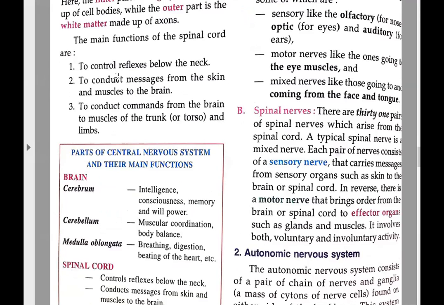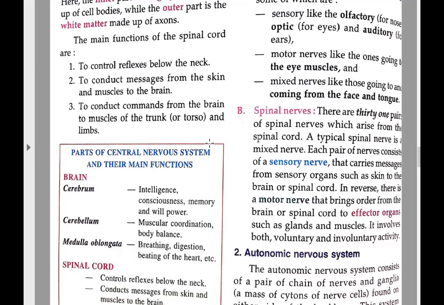Then it also conducts messages from skin and muscles to the brain. Mostly it goes till the spinal cord and then to the brain if required. Sometimes, if there is no time and it is not necessary, it comes directly back from the spinal cord to the motor neurons.